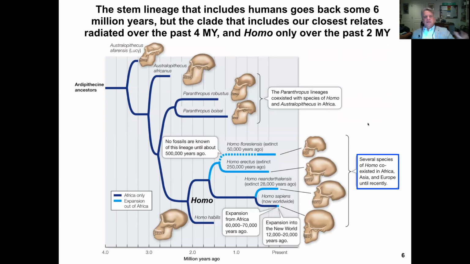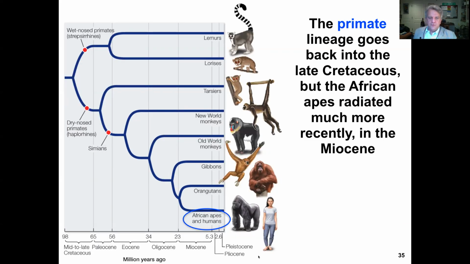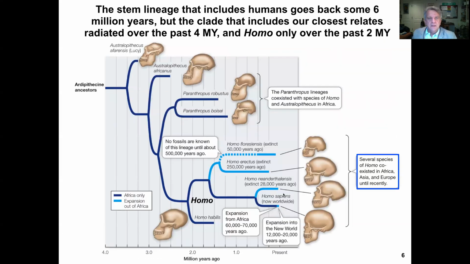Now, let's just go back here. Of course, the African apes and humans include the gorilla, the bonobo and chimpanzee. There may be two species of chimpanzee, the bonobo and the chimpanzee, and then our species, Homo sapiens. Now, the lineage that includes humans goes back to about 6 million years.